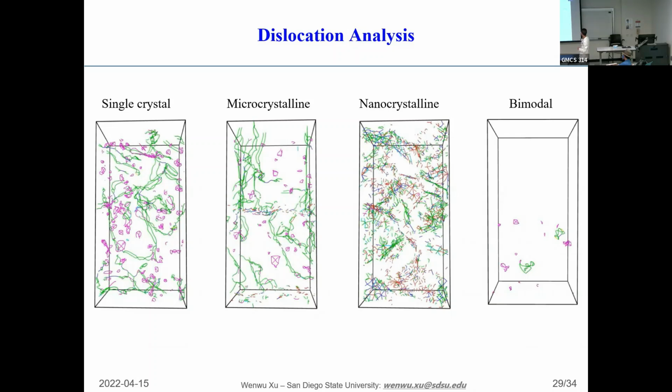But at the bottom part where the single crystal is located, we don't really see as many accumulated dislocations as you could see in a single crystal. So that means the presence of this nanocrystalline part indeed helped us achieve less accumulation of dislocations in a single crystal, right? So this is probably still not that straightforward.